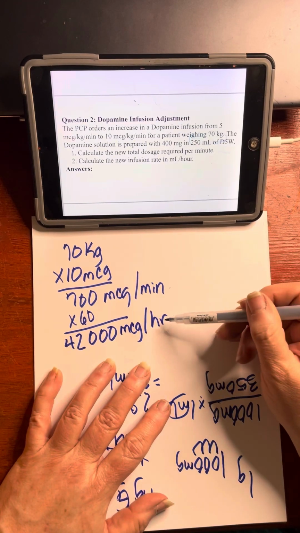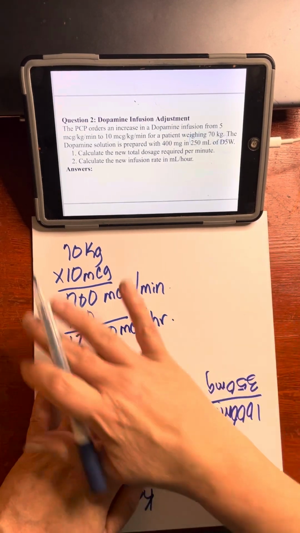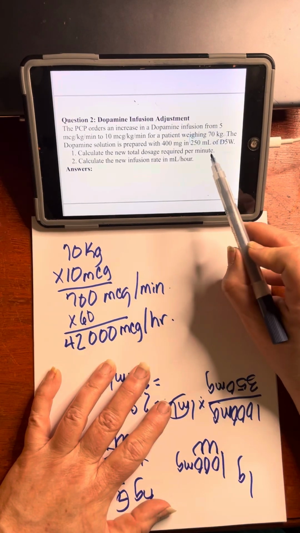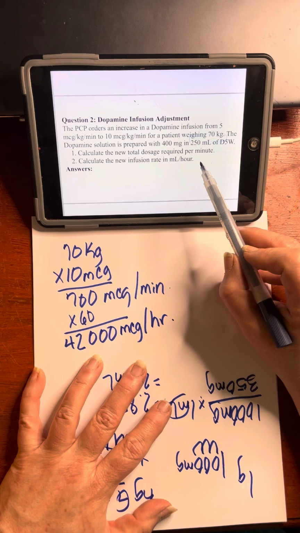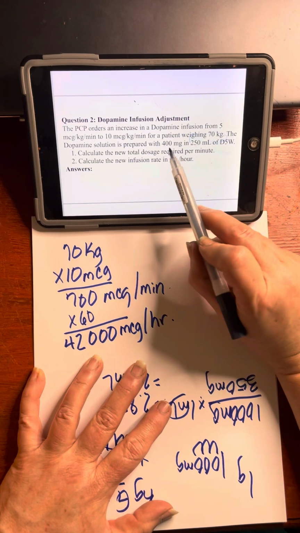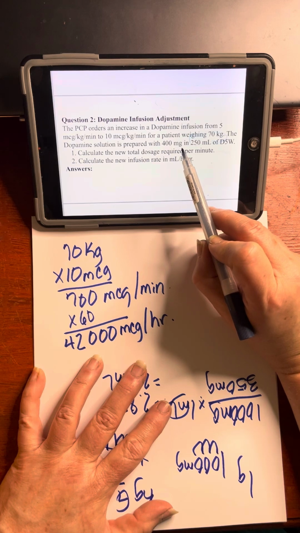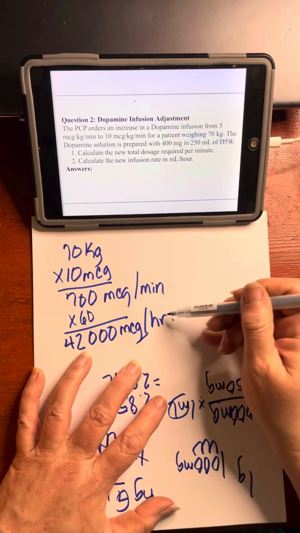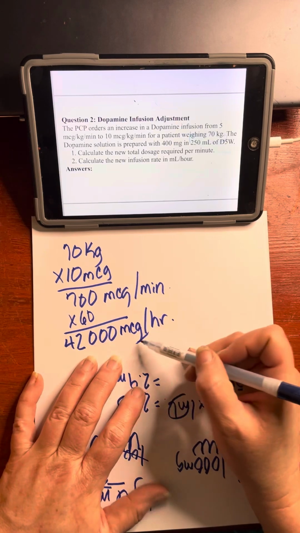I would encourage you to write this out like this so you know where you're at in the problem. So this is the dose ordered. But you see what we have in our hand is milligrams. This is micrograms, so we've got to convert it. And look, I wait till I get a big number like that.